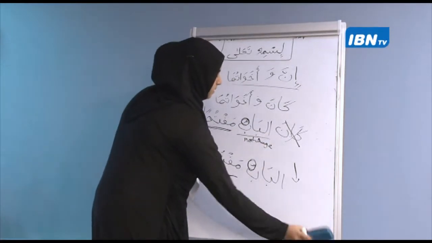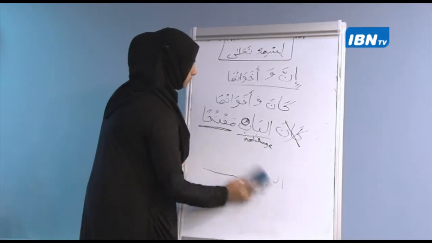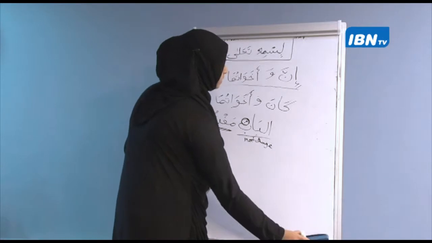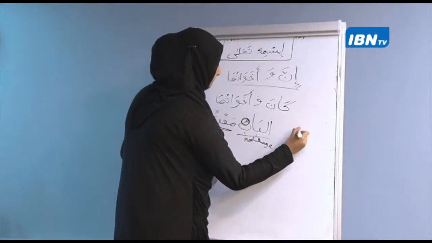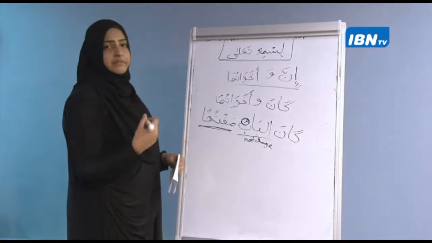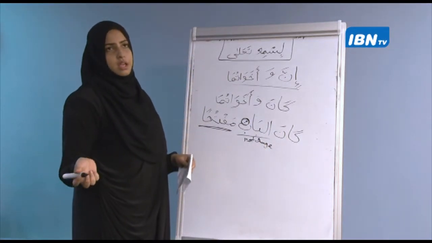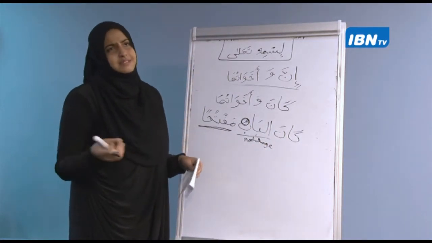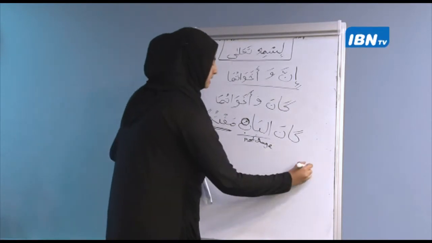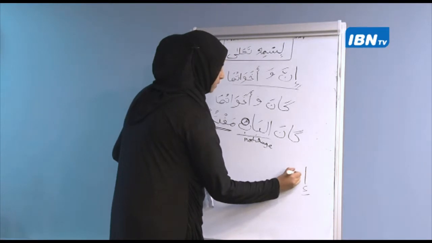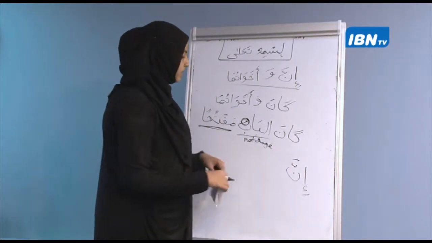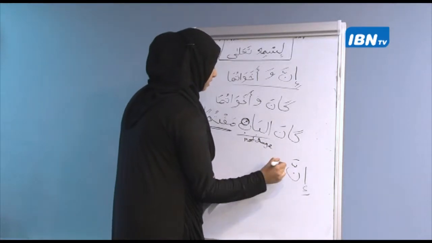Okay. Now say, instead of kana, I use inna. Kana al-babu maftuhan. But what if I want to say, verily the door is open? Of course, it does not make sense grammatically, but it's just an example. Say I use inna. So I'm testifying now that verily the door is open. Inna.